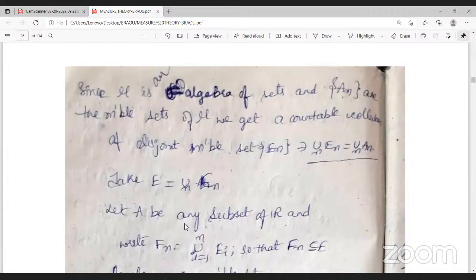En is measurable, which implies that for every set A, M star of A equals M star of A intersection En plus M star of A intersection En bar.